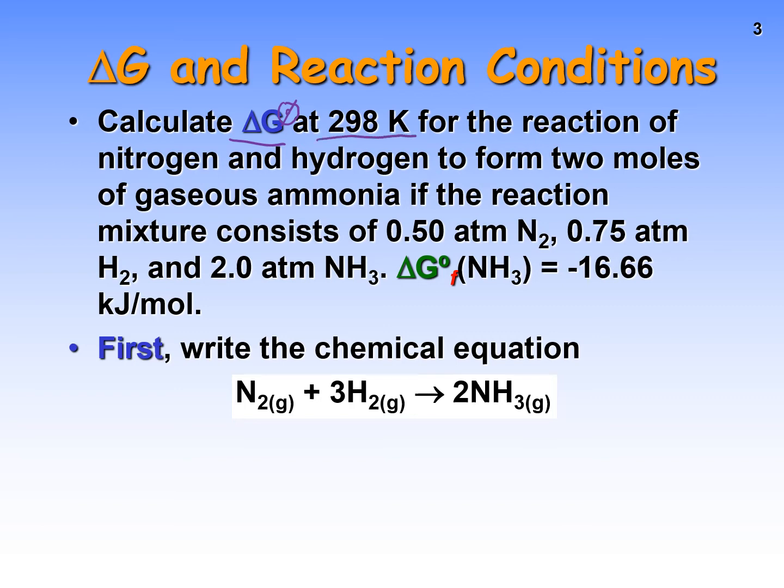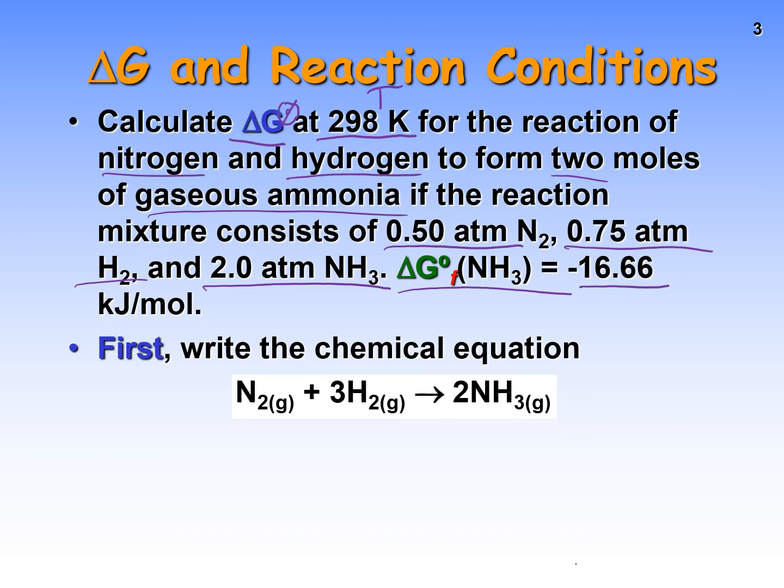We're told we're at 298 Kelvin, so there's our temperature, T. For a reaction of nitrogen with hydrogen to form 2 moles of gaseous ammonia, if the reaction mixture consists of 0.5 atm of N2, 0.75 atmospheres of H2, and 2 atmospheres of NH3, and your delta G naught of formation of ammonia is negative 16.66, we want to calculate delta G.